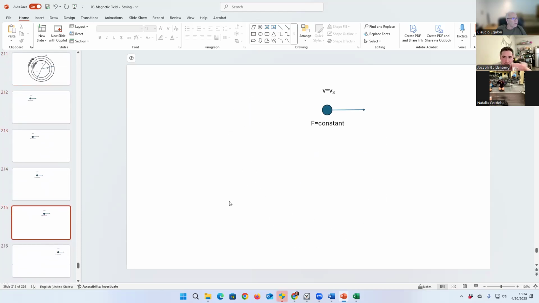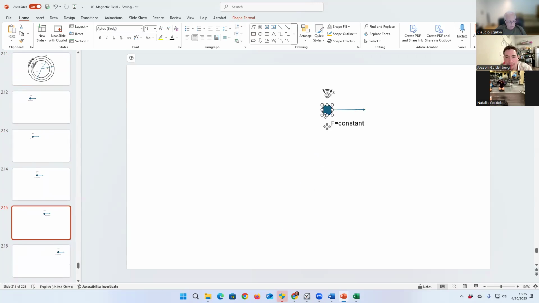So how do we get from this to a circle to the right-hand rule? Oh, wait a minute. When I get there, is this force changing direction? Yes or no? No, we're saying that it's constant, right?